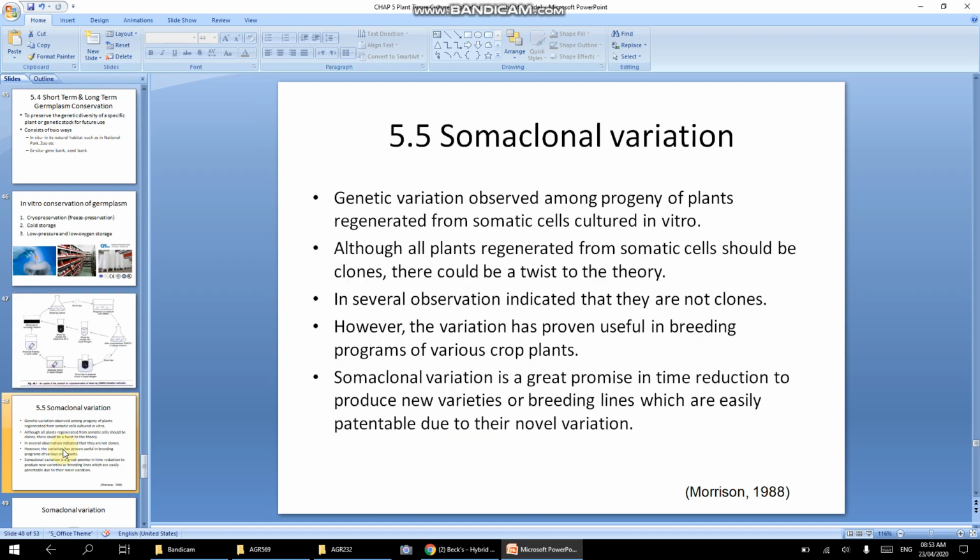Next, the last thing that we're going to look at is somaclonal variation. When you talk about clone, in your mind, clones should all be the same. However, although all plants regenerated from somatic cells should be clones, there is something different going on, and in several observations, they are actually not clones.